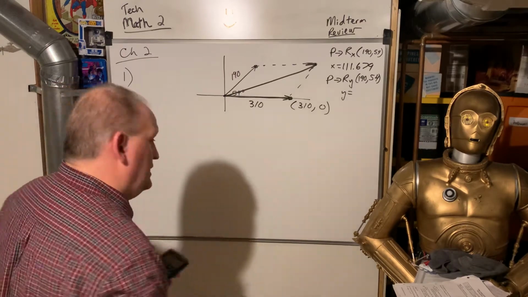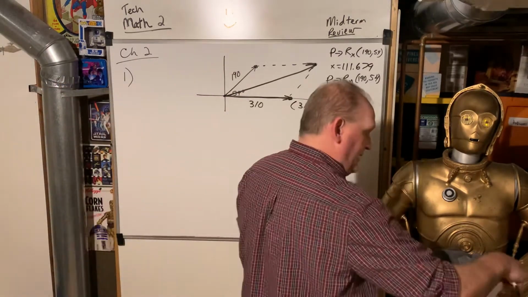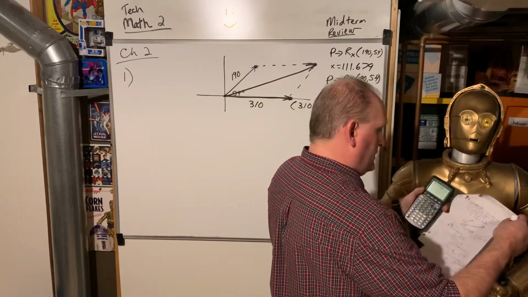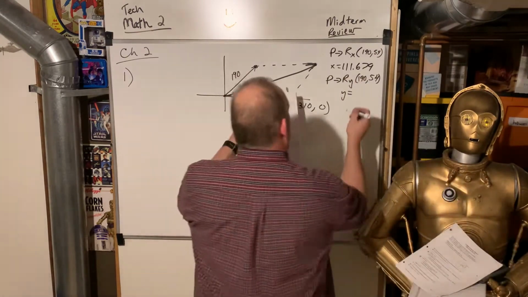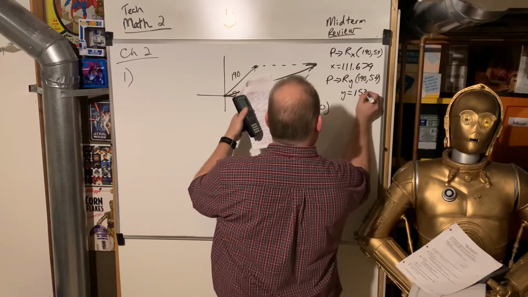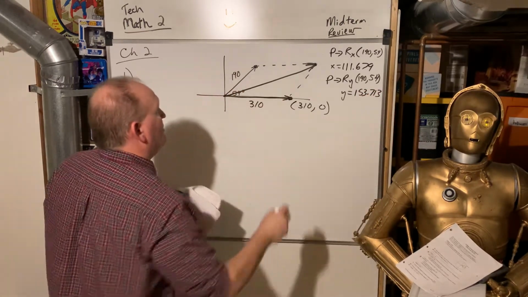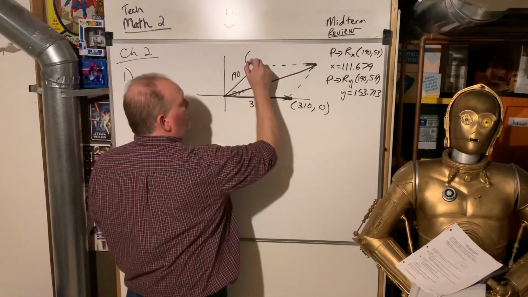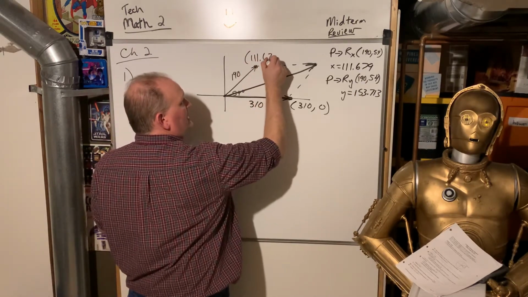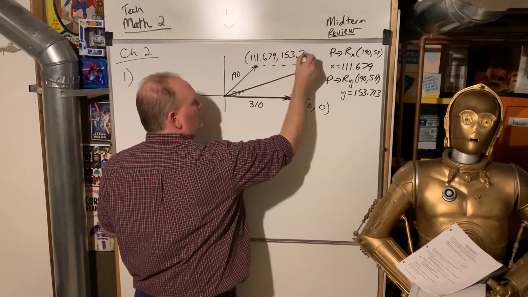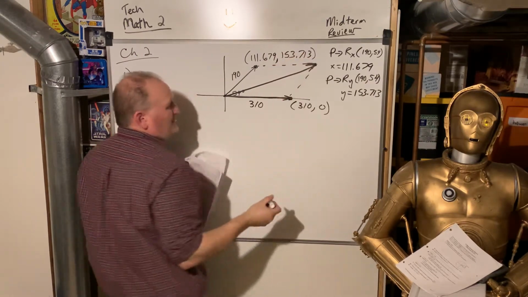But so you hit that, you tick that in, and so what does that look like? That's 153.713. All right. So now we have this point, 111.679, comma 153.713. Okay, so not very pretty.